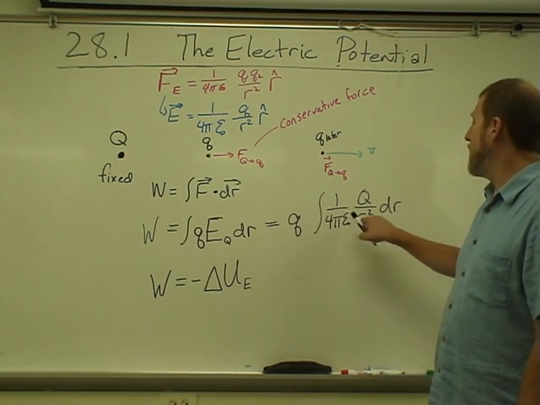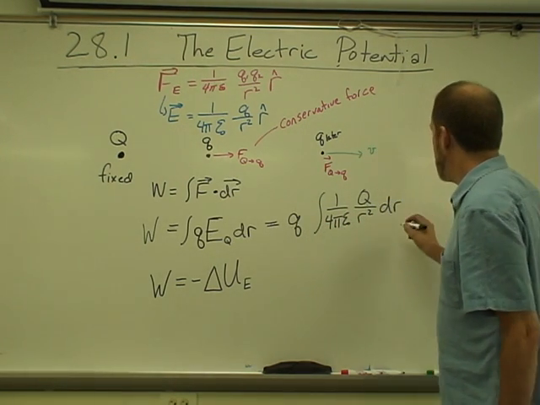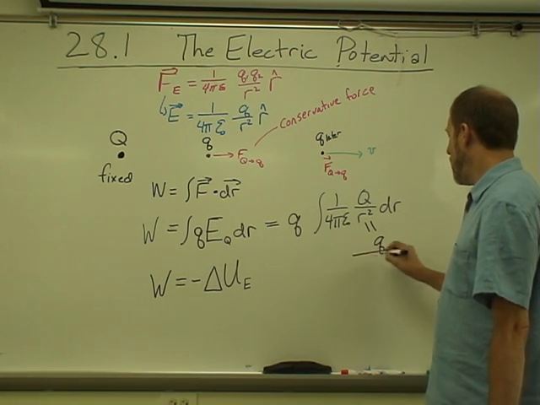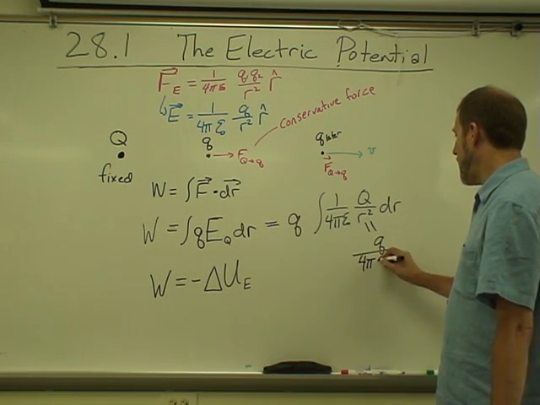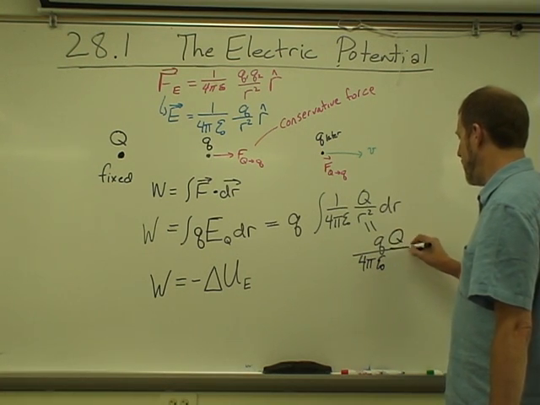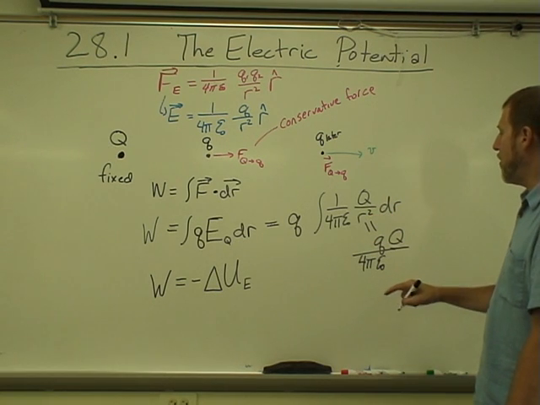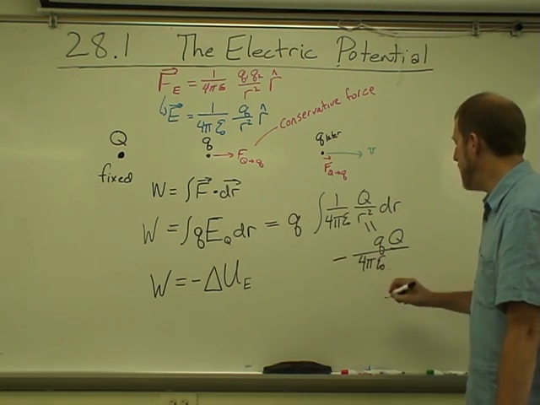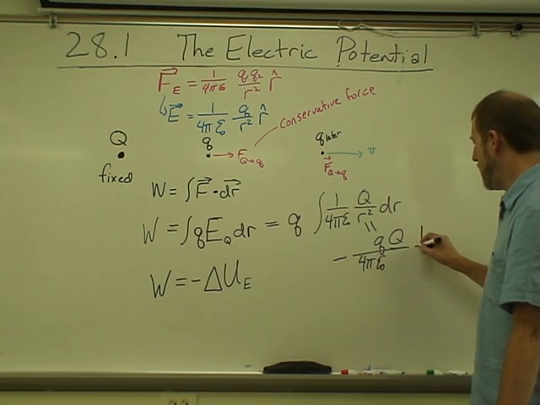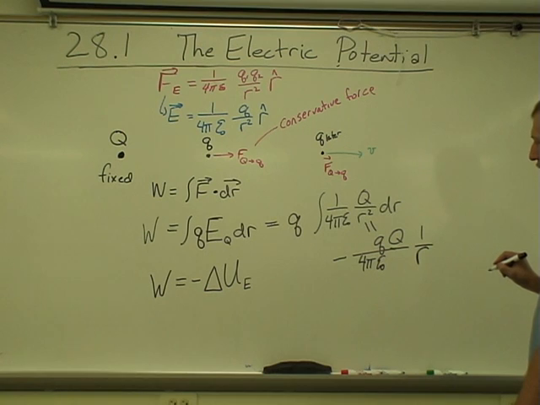I mean, if I look at it like this, I'll have the work done is equal to, okay, q over 4 pi epsilon naught times capital Q, because that's constant, that comes out. The integral of dr over r squared is negative one over r.